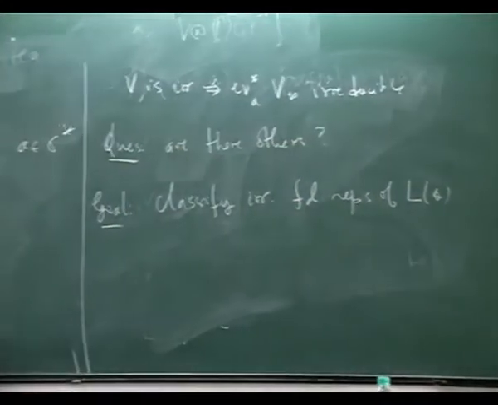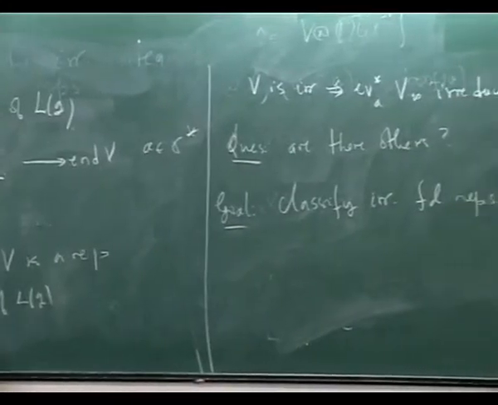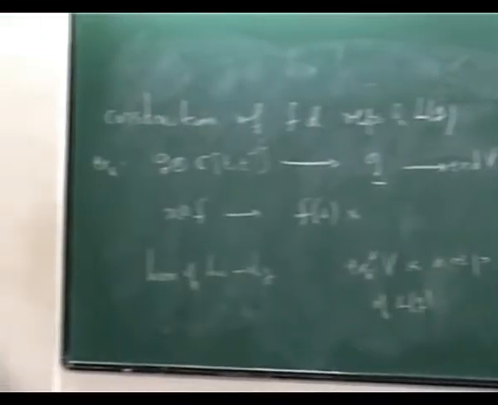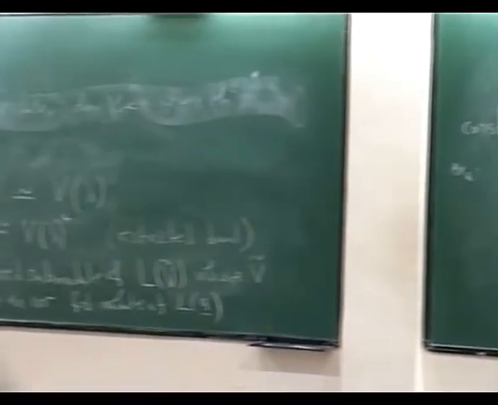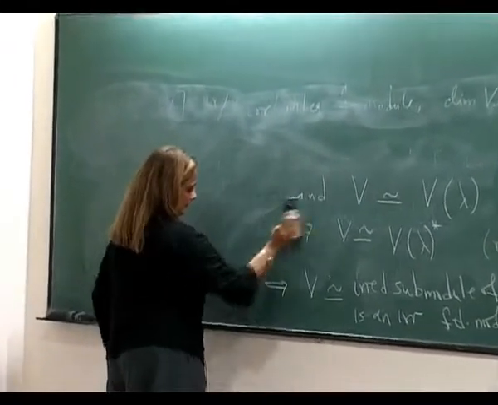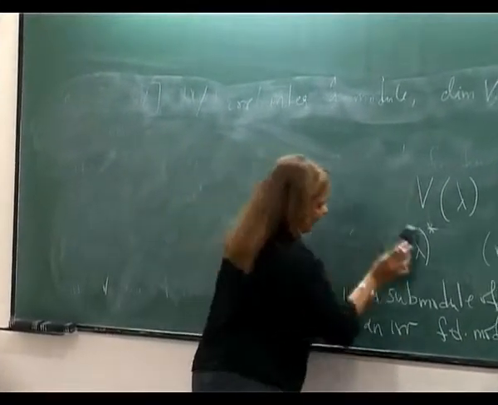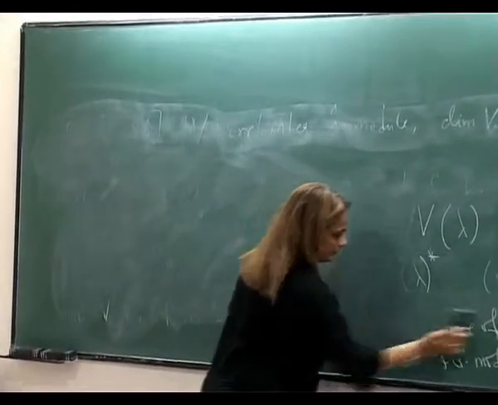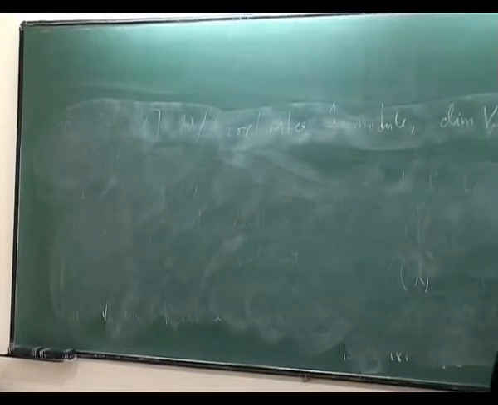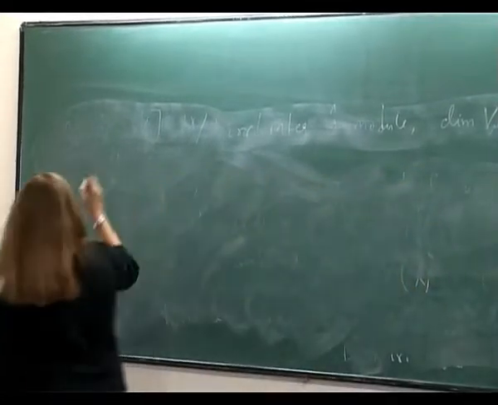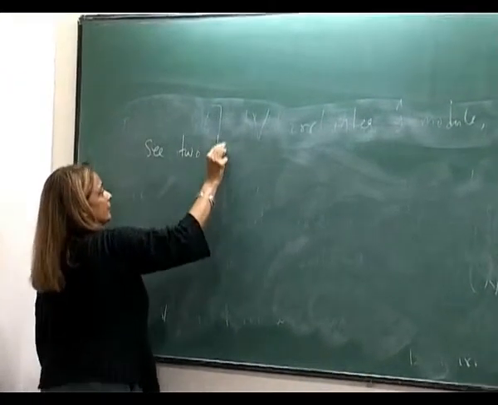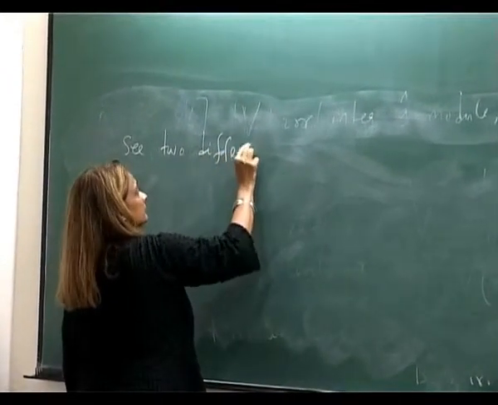So this theorem tells me I really need to understand that, so now I'm going to go understand that. And I'm going to give two different proofs of that. One which is really quite elementary. So we're going to see two different proofs of the classification theorem, which I'll state.